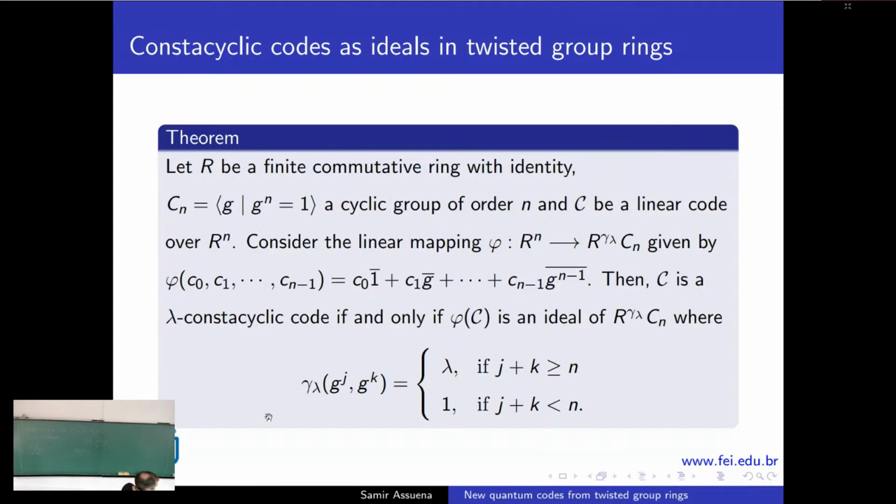And for cyclic groups, the twisting defined in this way can cover all 2-cocycles. All 2-cocycles in this case can be obtained in this way. Okay? For those who know this mapping, if we forget the bar, we have exactly the same mapping that realizes cyclic codes as ideals in the twisted group ring. Okay?